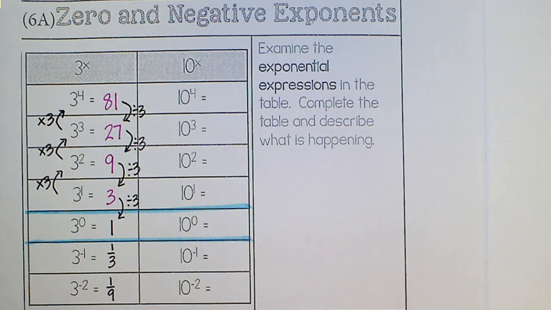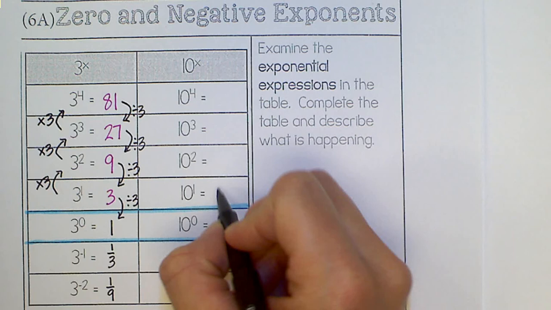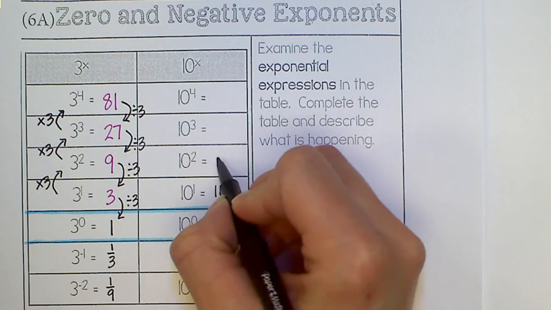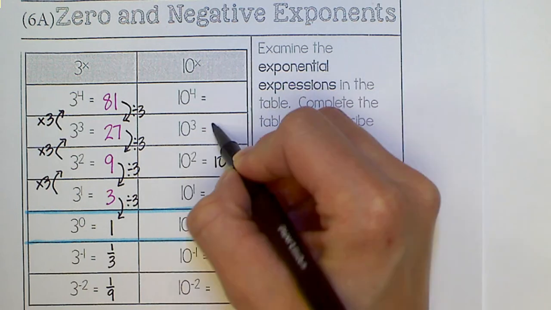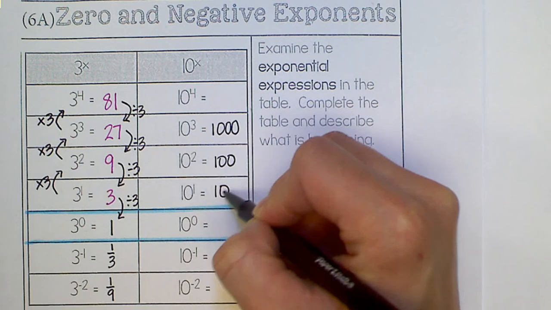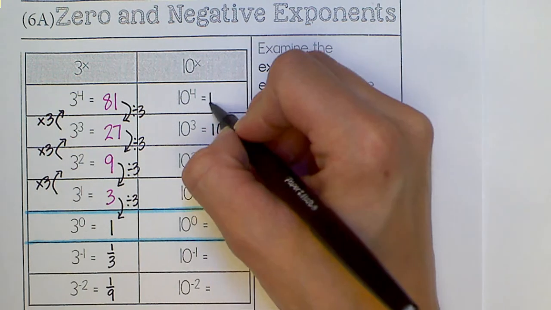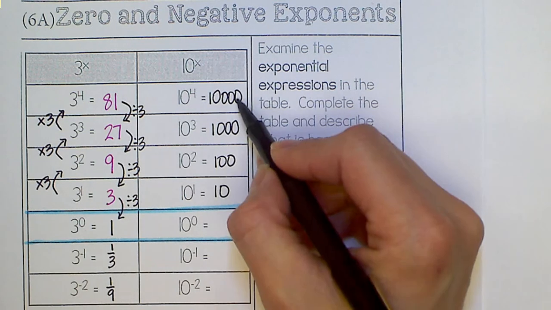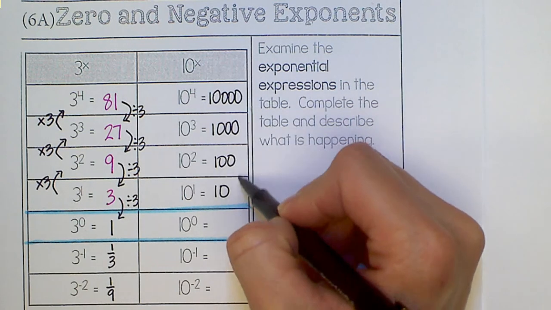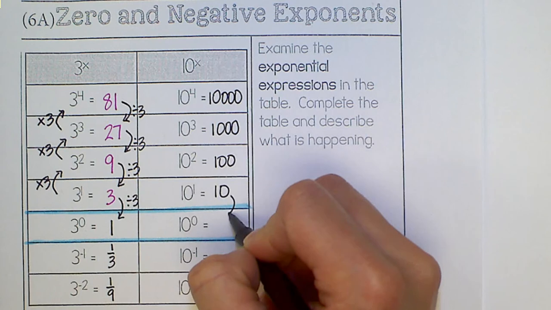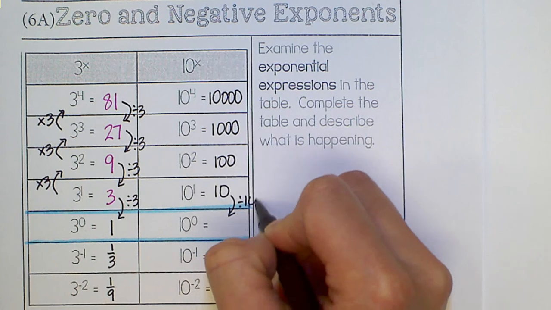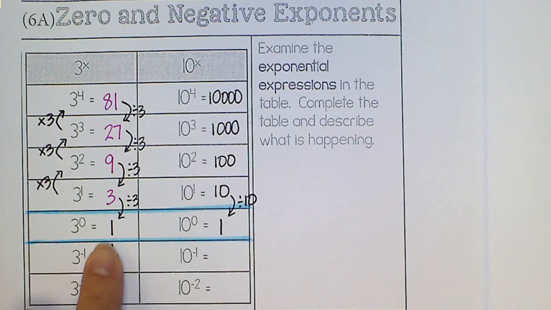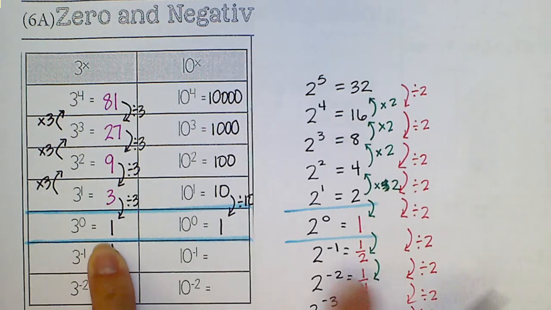So tens, let's go ahead and fill this out real quick. We know 10 to the first is 10. 10 squared is 100. 10 to the third is 1,000 because we just do 10 times 10 times 10. But to reverse the pattern, to get down here, divide by 10, divide by 10, divide by 10, and 10 divided by 10 is 1. Hopefully you're starting to notice a pattern of what all of these zeros are.